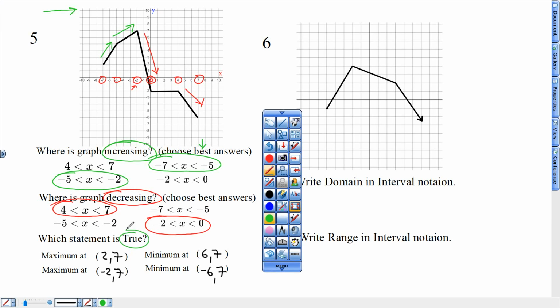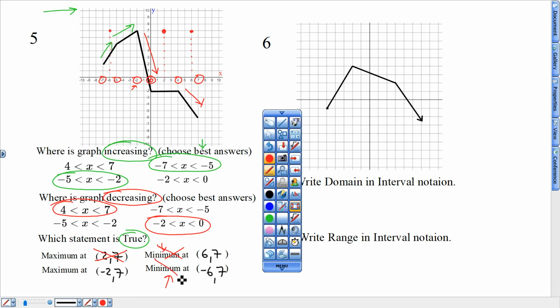So if I look at this one, the maximum at over 2 up 7 is saying that right there. That is false. This one's saying the minimum is at 6, 7. That's false. This one's saying the minimum of -6, 7, which is right there.